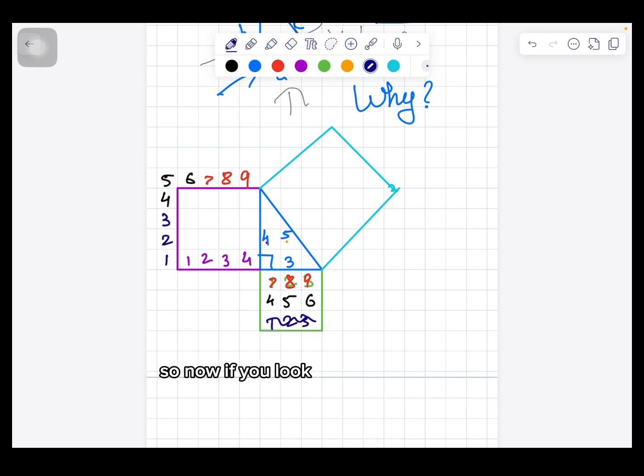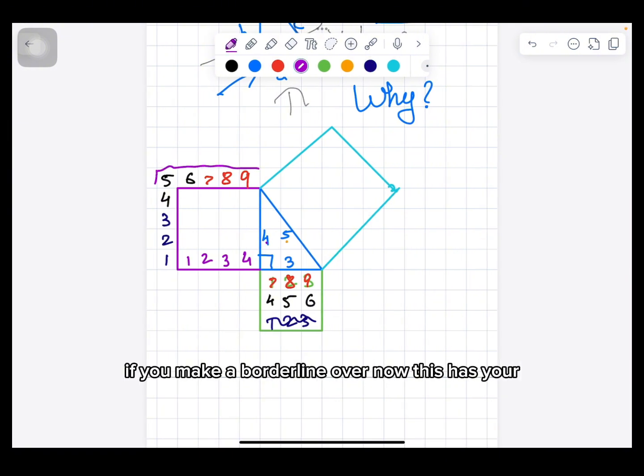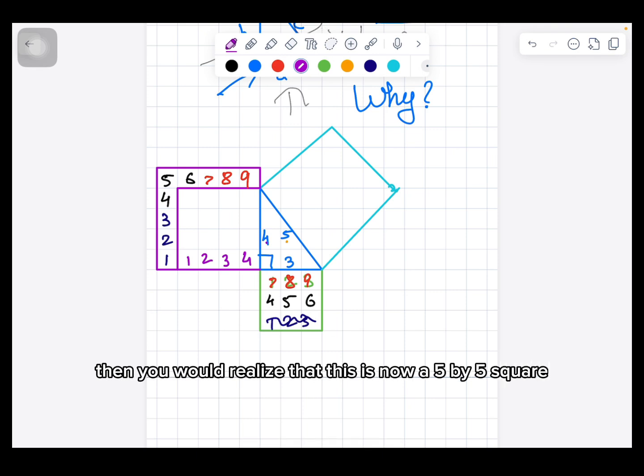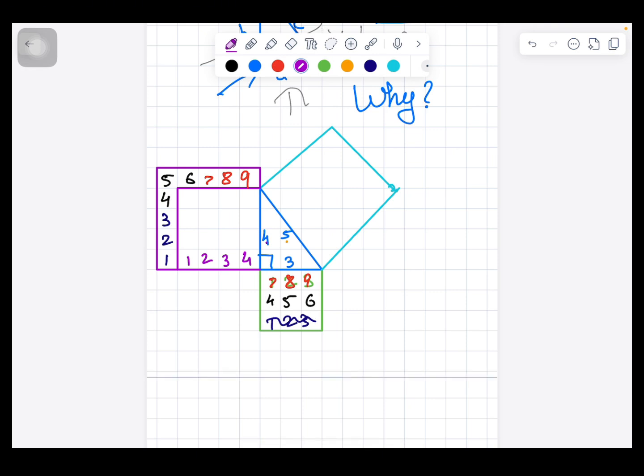Now if you look at it, and we make a borderline over it, this is our new box, and you would realize that this is now a 5 by 5 square.